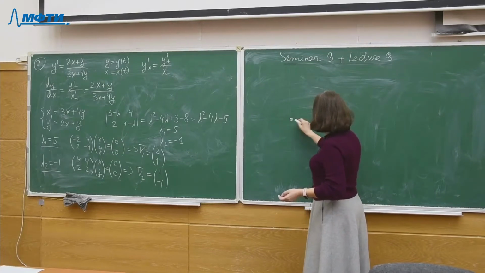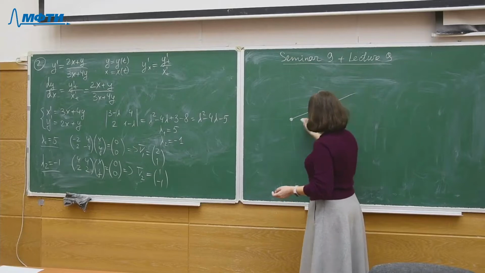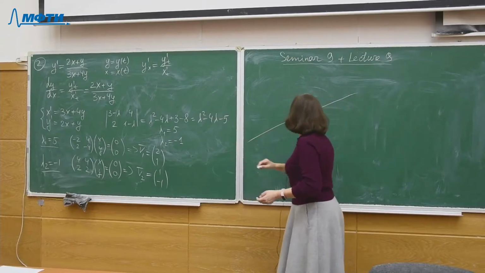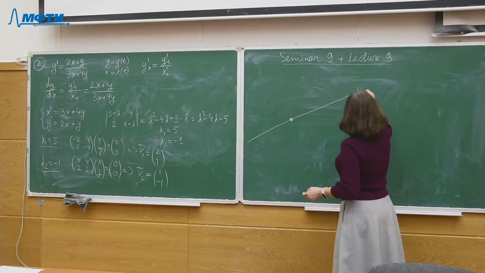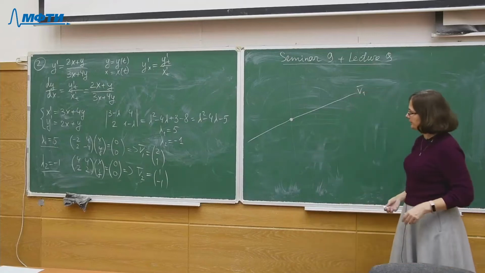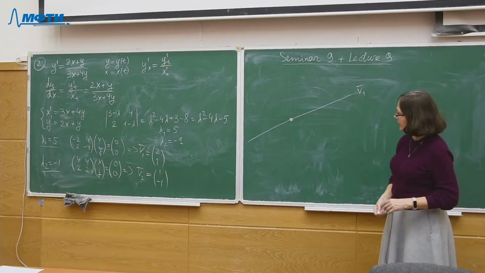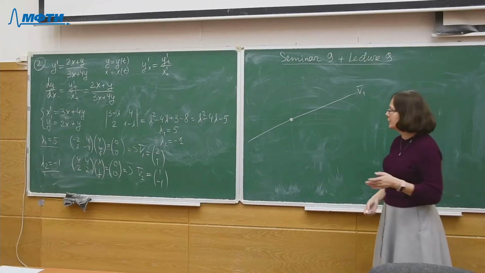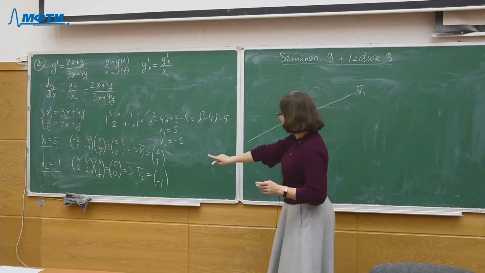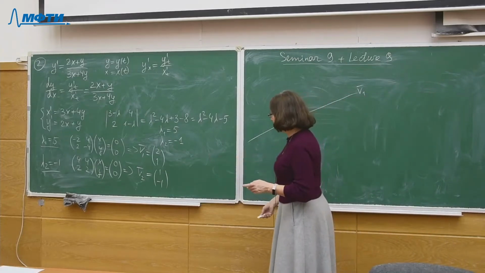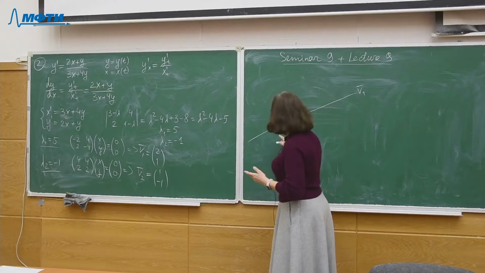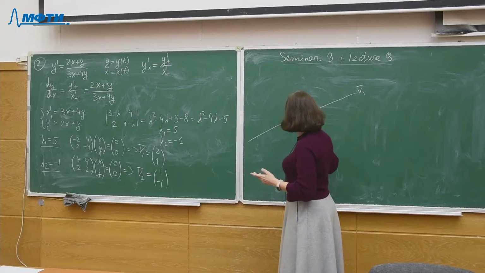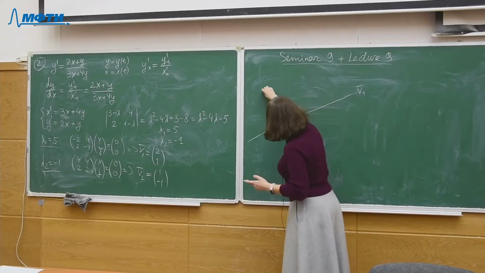This is the line through V1, determined by V1. And the line determined by V2 is 1, negative 1, it's here. So it's this line.